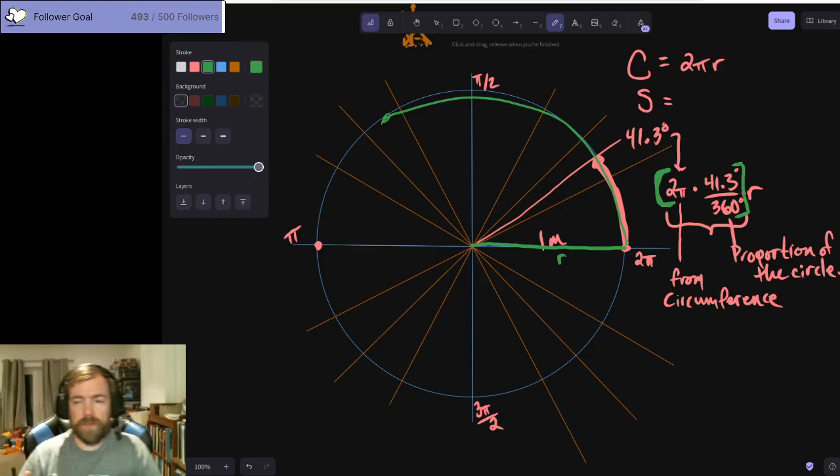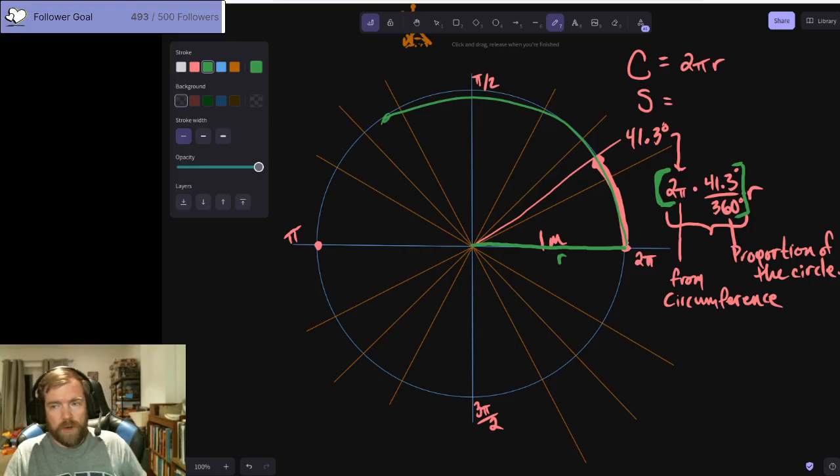Now this is much better because that's going to work no matter how big the circle is or how small the circle is. It's always going to end up working out to be the same amount in the same place.